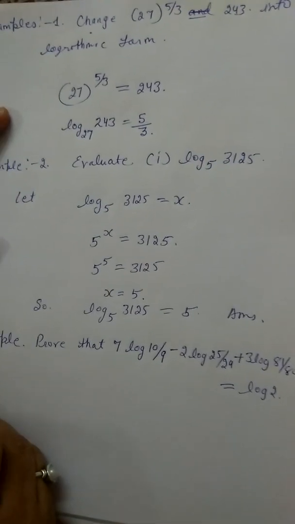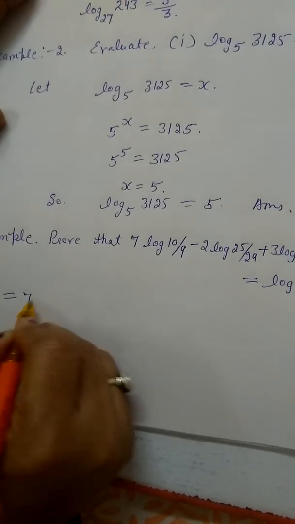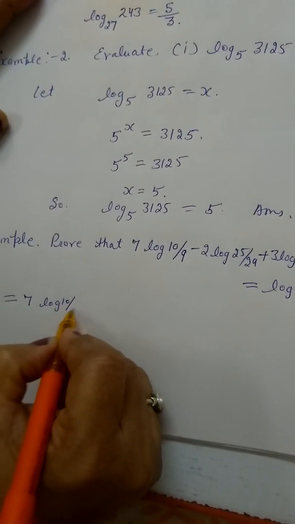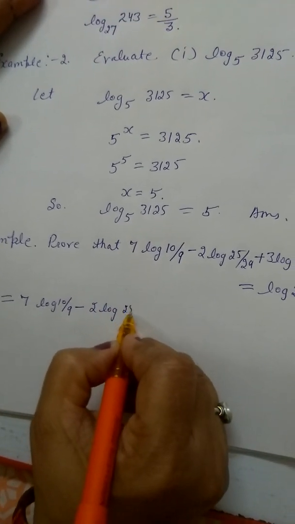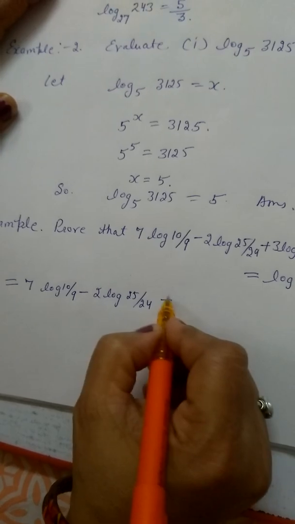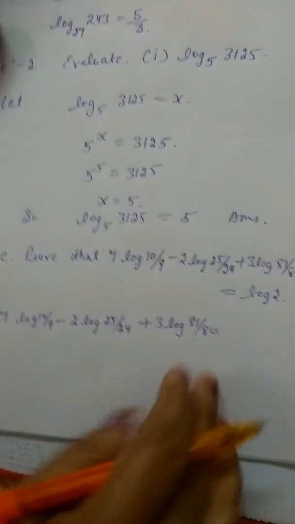Now the left hand side: 7 log(10/9) minus 2 log(25/24) plus 3 log(81/80).